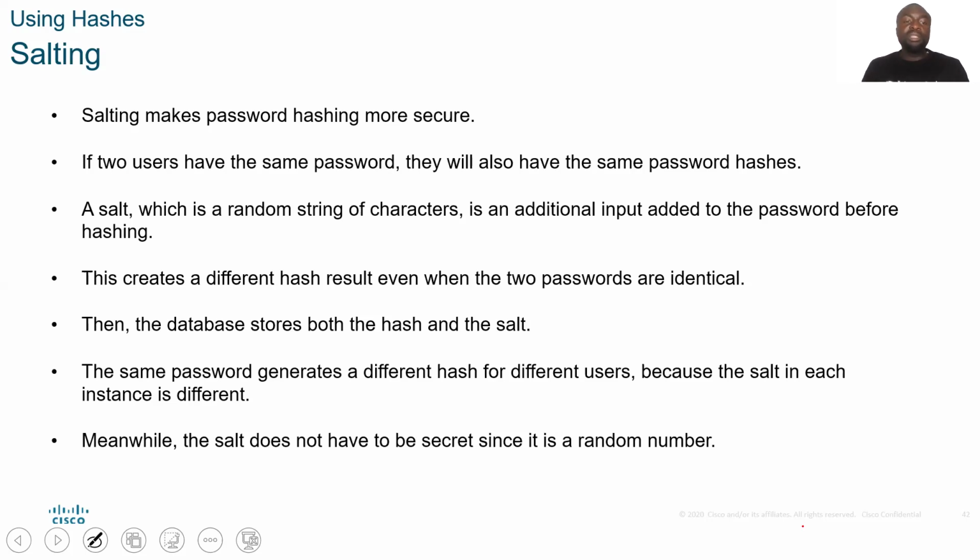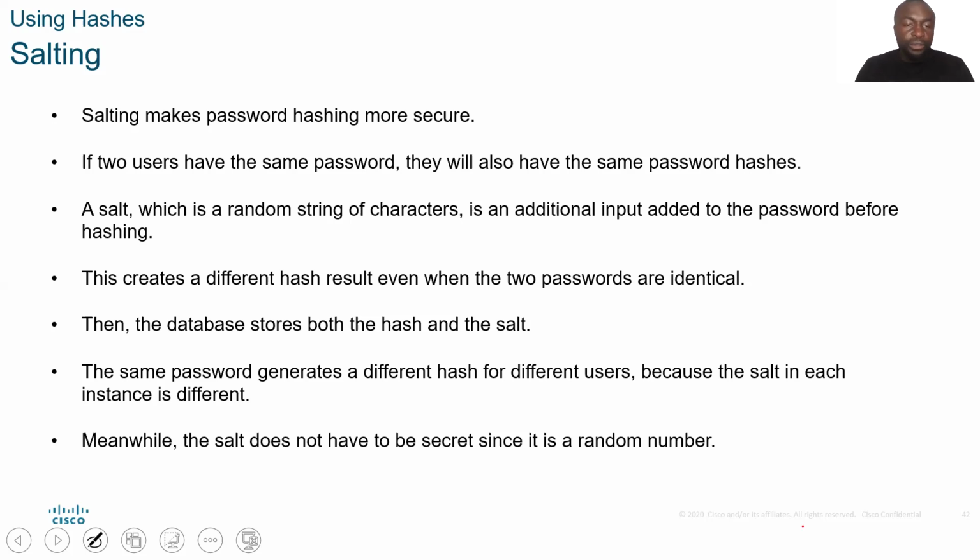Salting. Salting makes password hashing more secure. If two users have the same password, they will also have the same password hash. A salt, which is a random string of characters, is an additional input added to the password before hashing.